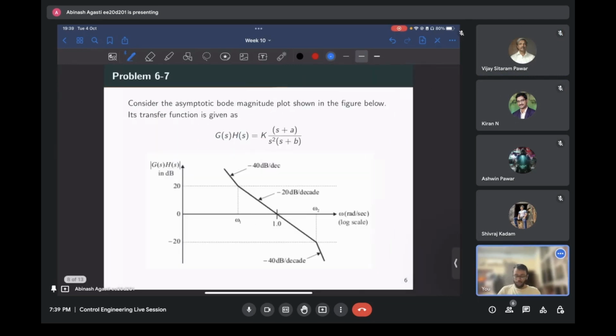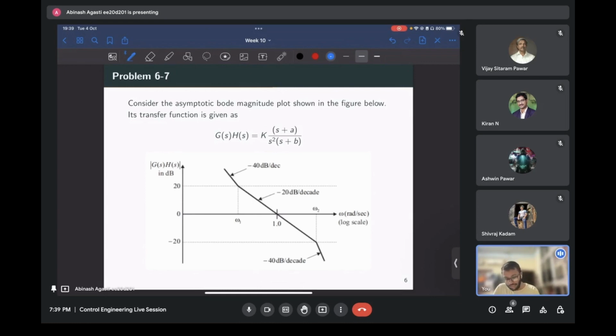So then we move on to a different type of question. Consider this asymptotic Bode plot as given in the figure. From the beginning, we have a minus 40 decibel per decade slope. Then as we hit omega 1, we get to a minus 20 dB per decade curve. And then at some point omega 2, we go back to a minus 40 dB per decade curve.